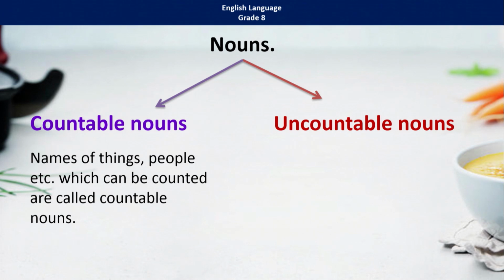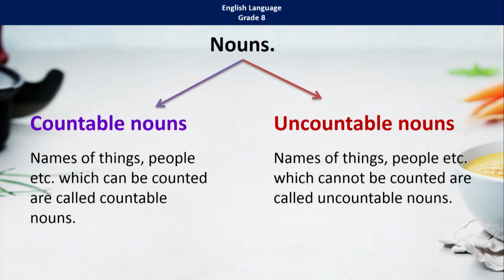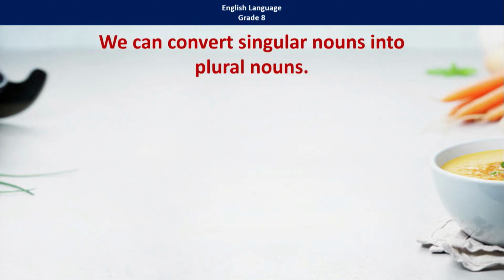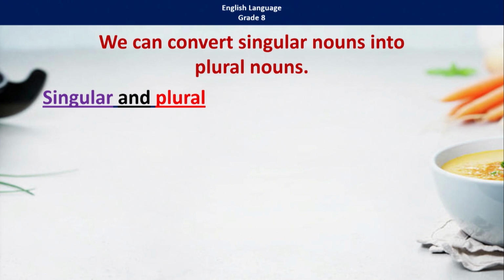Yeah, the items which we can count are called countables, and uncountable names of things, people, etc., which cannot be counted, are called uncountable nouns, just like dal and rice. We can't count the number, right? Countable nouns and uncountable nouns. Let's see what is singular and plural.